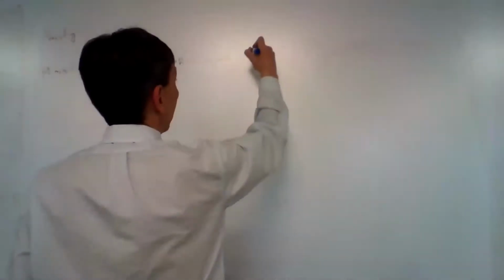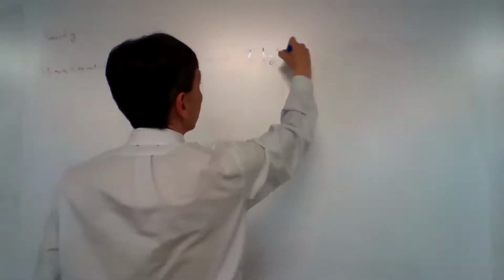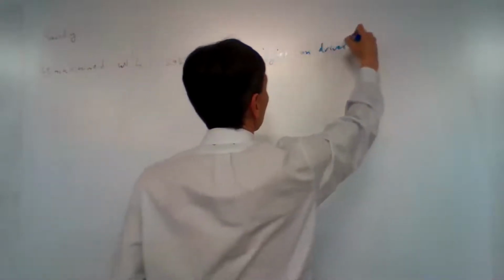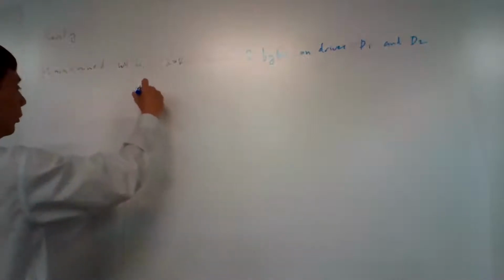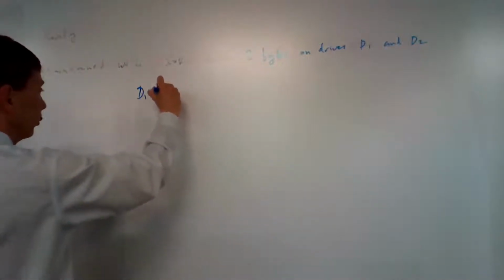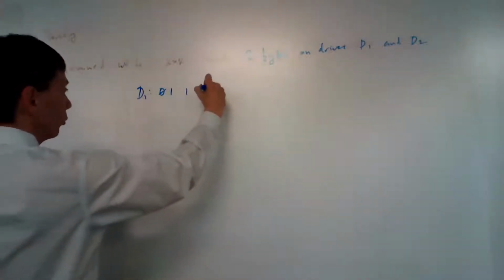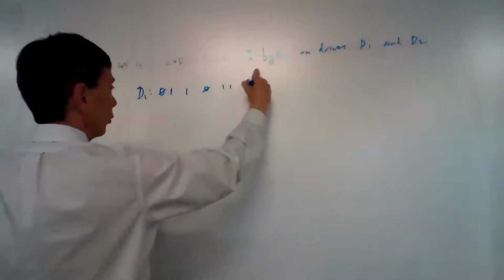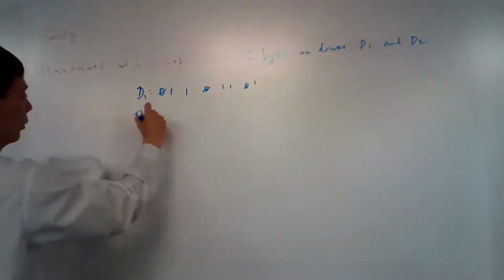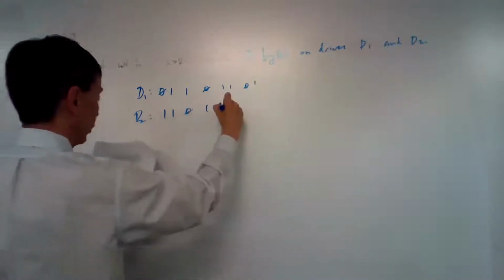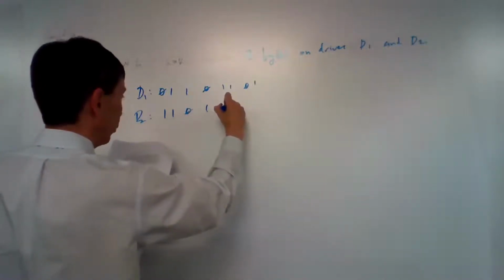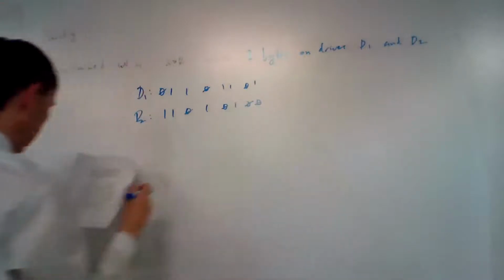So given 2 bytes on drives D1 and D2, let me write these out again. D1 is going to be 1, 0, 1, 1, 0, 1, 1, 0, 1, and then D2 is going to be 1, 1, 0, 1, 0, 1, 0, 0.